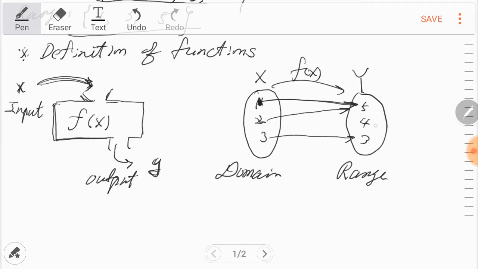And a function means for each input, there must be exactly one output. The input 1 has 5 as an output, the input 2 has an output of 5, and input 3 has an output of 3. So this is a function.